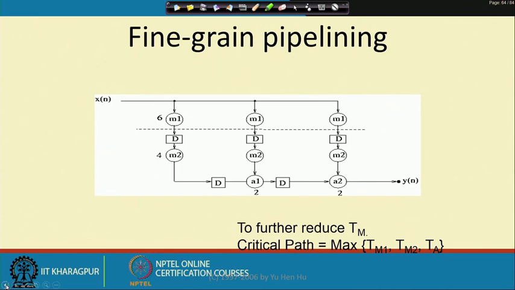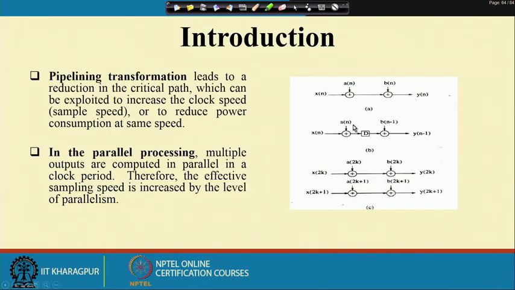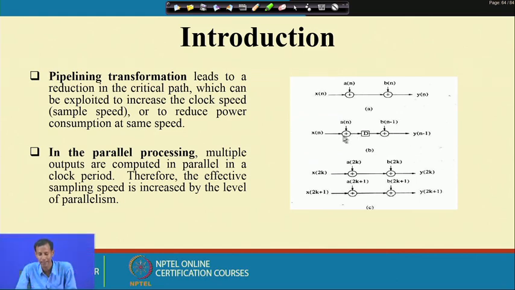So, whatever we have seen in this particular case, this is one adder, this is one adder, right. In between of these two, at the connection level I am putting the register. So, at the operator level they are acting as two different adders if I put the register in between the path. So, this is basically known as coarse grain pipelining.